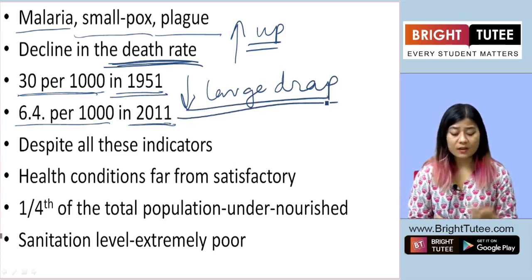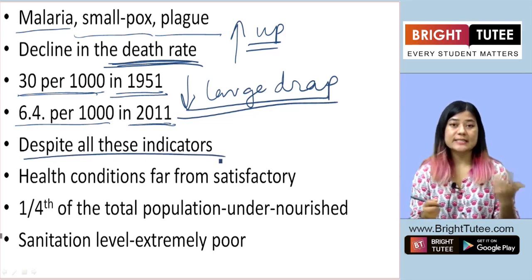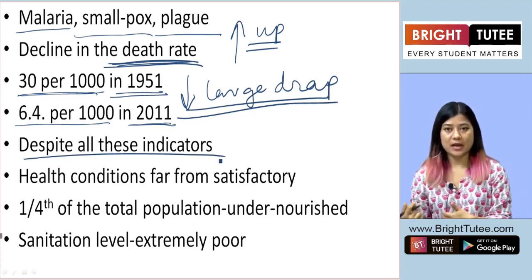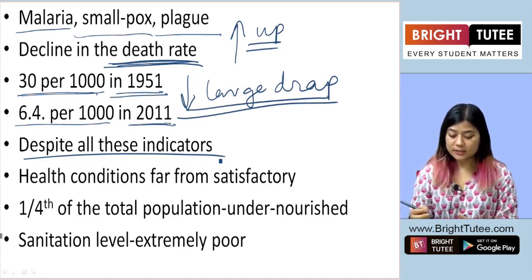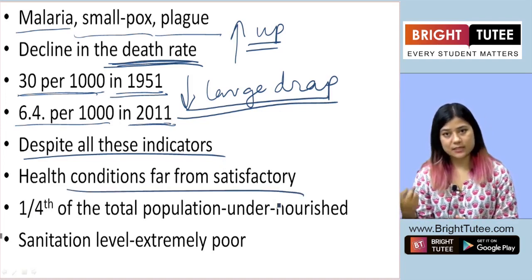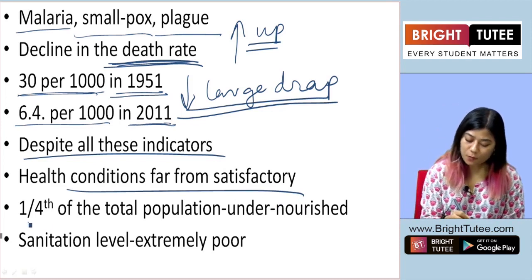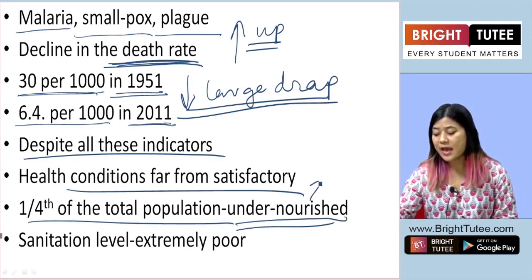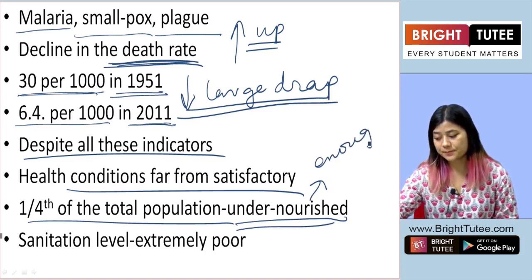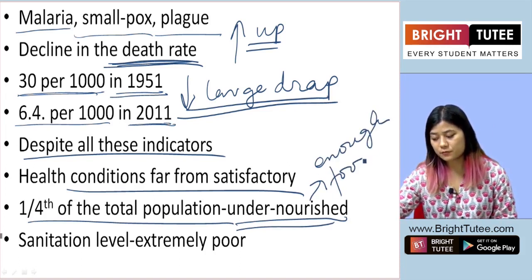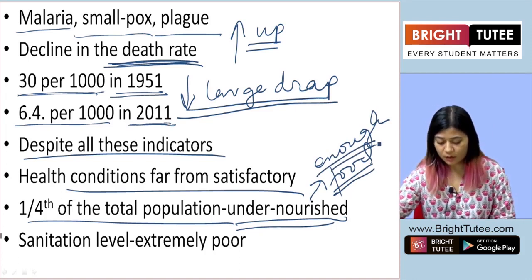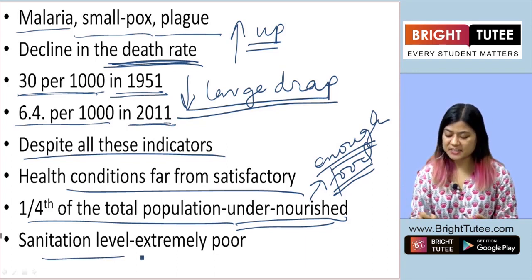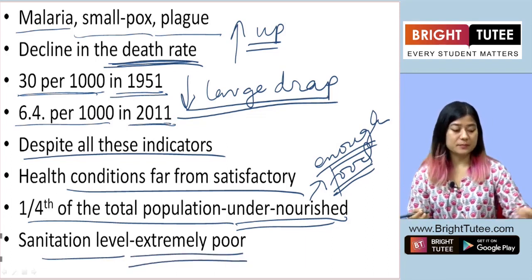Now, despite all these indicators of health, we still are far behind. Health conditions are far from satisfactory because one-fourth of the total population is still undernourished. They do not have enough nutritious food to eat. The sanitation level and hygiene are extremely poor among the people.